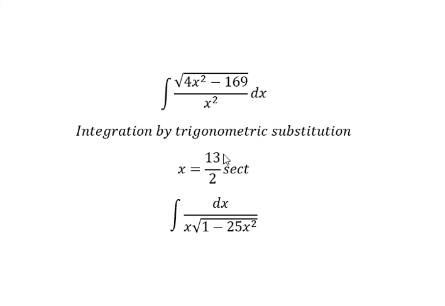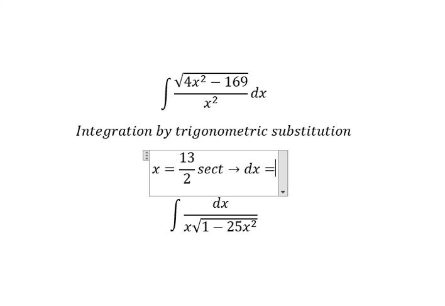So we cancel number 4 and number 4. 169, we can do factorization. Secant of t squared minus 1, we change to tan t squared, and later we simplify by the square root.